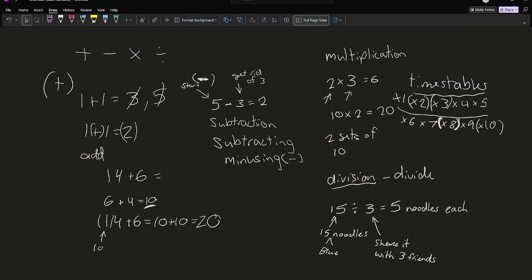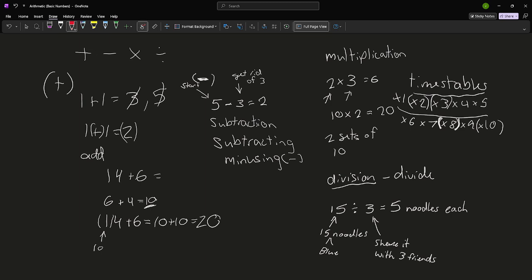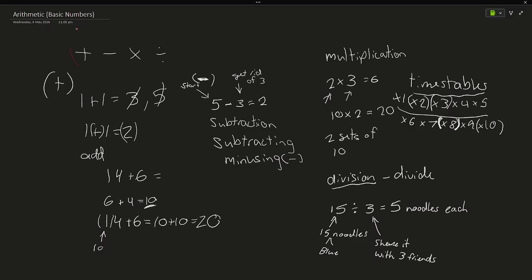So if I grab my red pen and I just highlight the main points for every arithmetic. We know addition, you add. 1 plus 1, you can have 14 plus 6 equals 20.